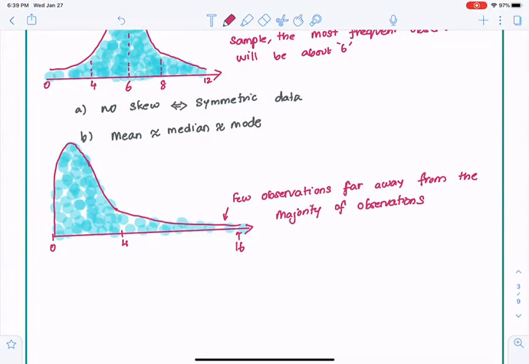So when we create a histogram and obtain a picture of this sort is what we call a right skewed sample.